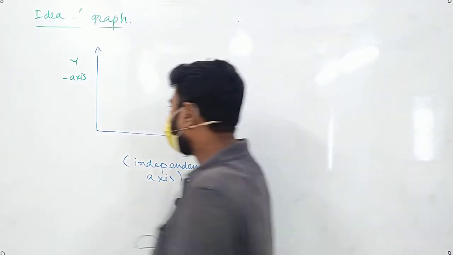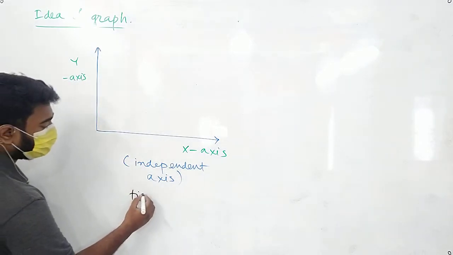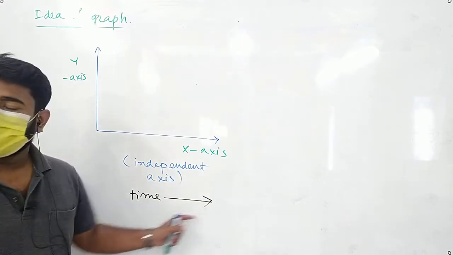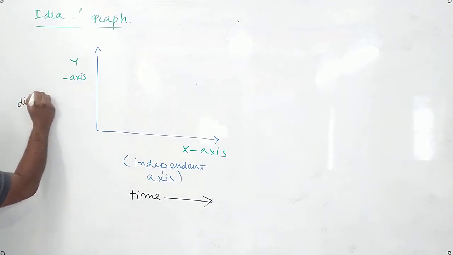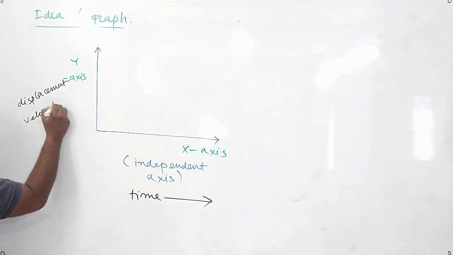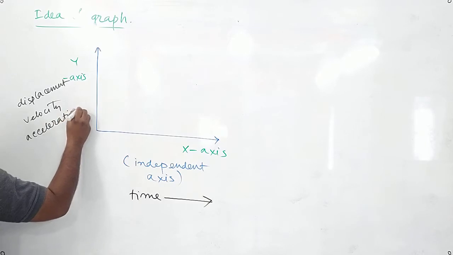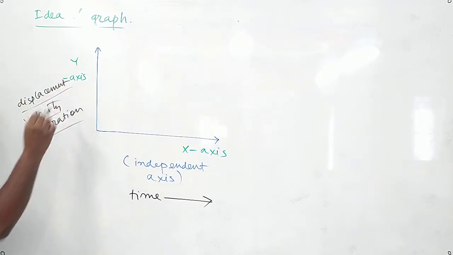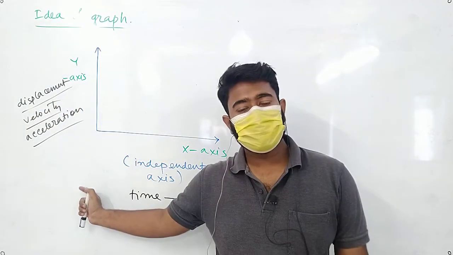Whenever we are drawing a graph, along the x-axis we will put time, and any variable, whether it is displacement or velocity or acceleration, will fall along the y-axis. All three of them will fall along the y-axis. Is the idea of graph clear to all of you?